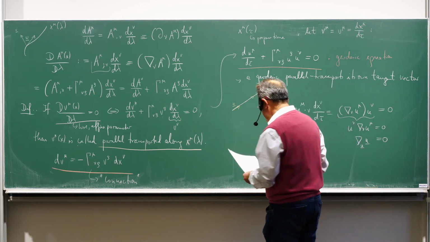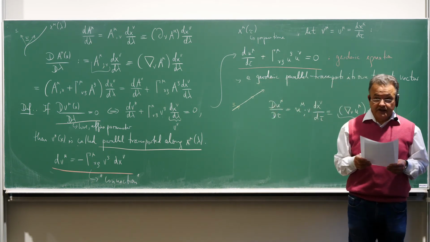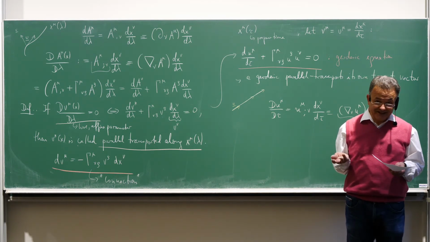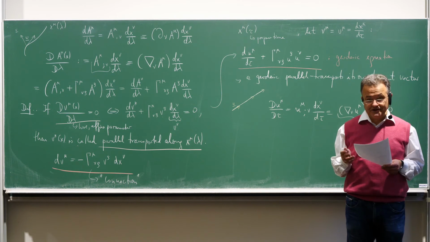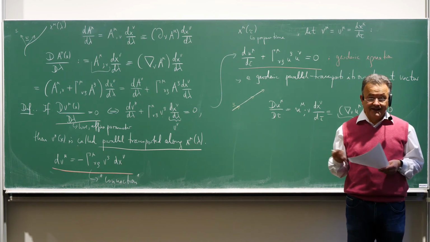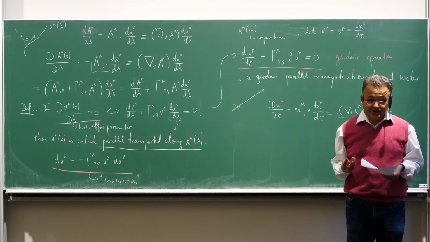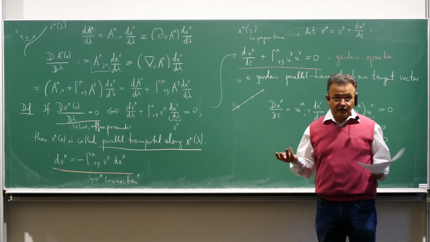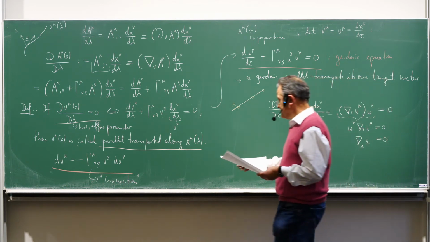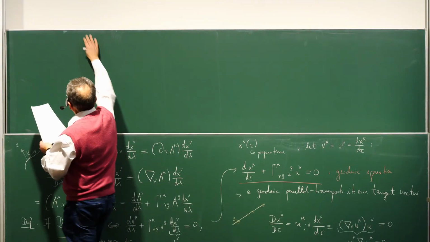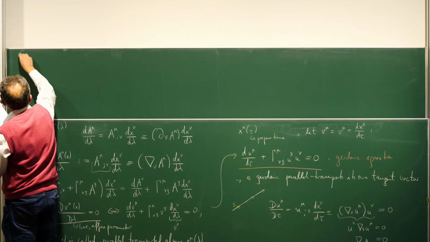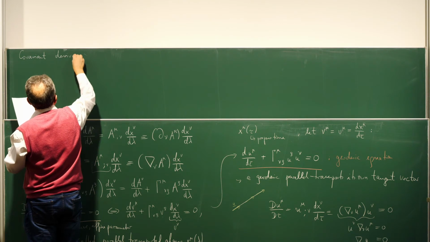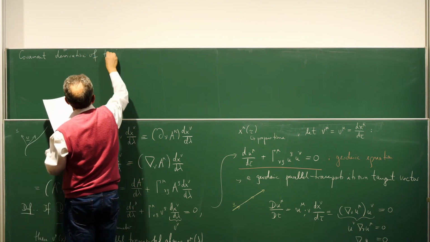Now the last thing to be discussed in this section is the covariant derivative of tensor densities. Recall from last time, tensor densities are also important because these are the things to be integrated over, and densities in physics play a prominent role. So we also have to know their covariant derivative. So let us have a look at these.